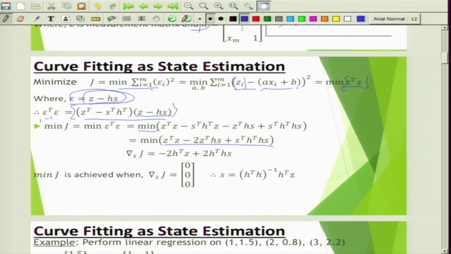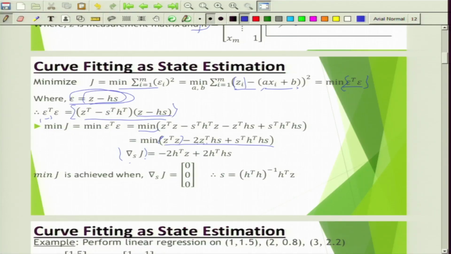Now minimizing means differentiating, and that should be equal to 0, right. So the gradient of this should be equal to 0. Now you differentiate with respect to S. What will you get? Zt into Z is a constant term, because that is a measurement value which you are getting, so its derivative will be 0.